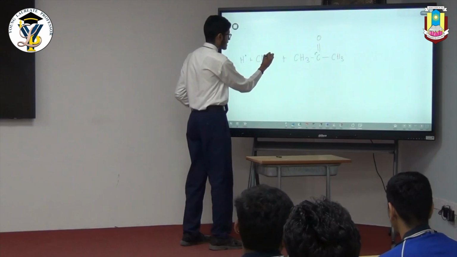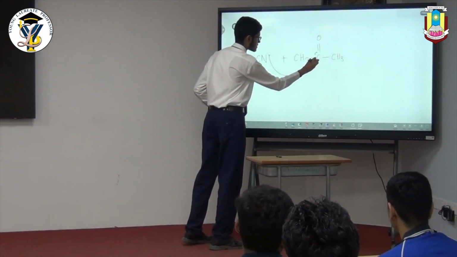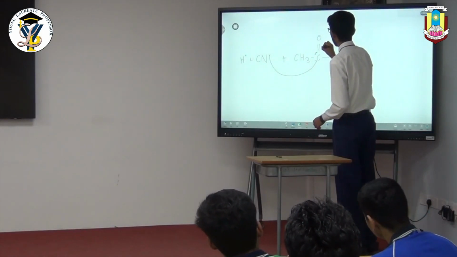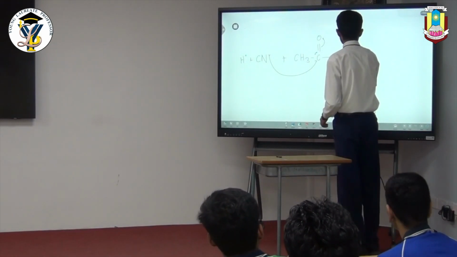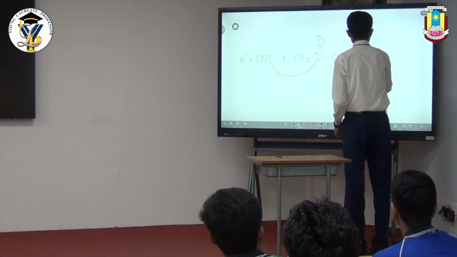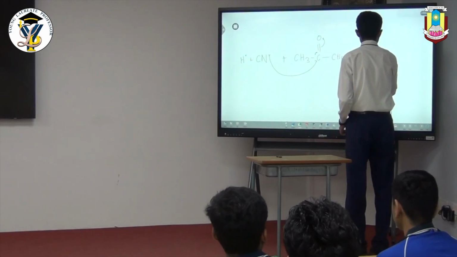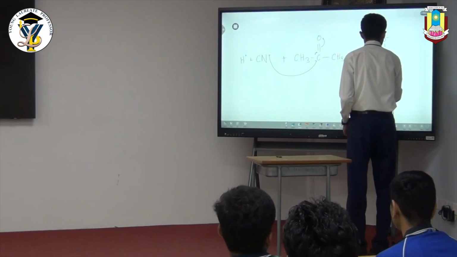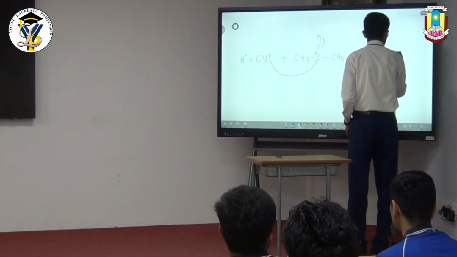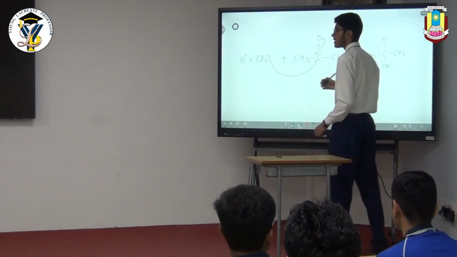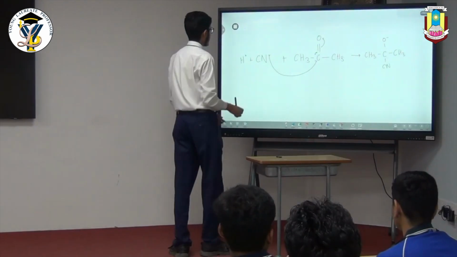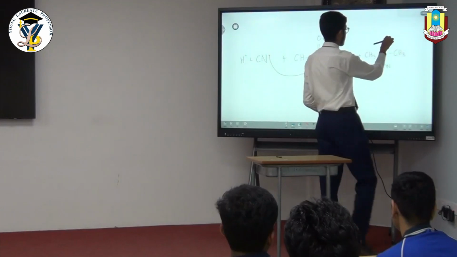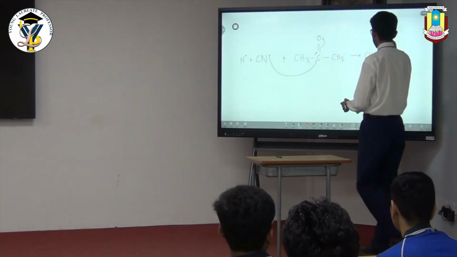So this negative charge will attack this position. The weakest bond breaks. The weakest bond is the pi bond. This will break, and this is formed. Now you can see this H plus is unused.